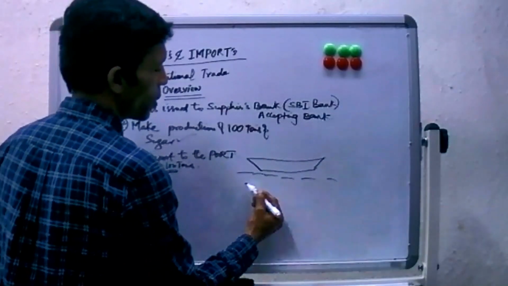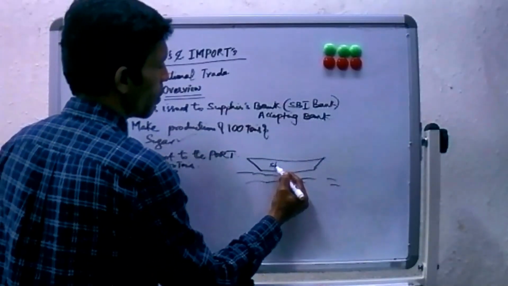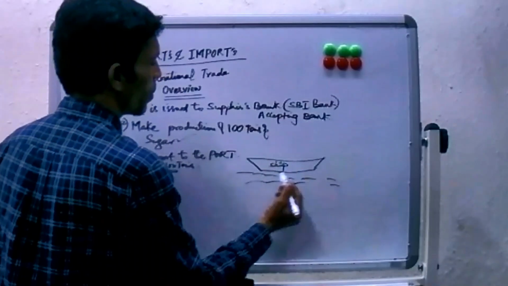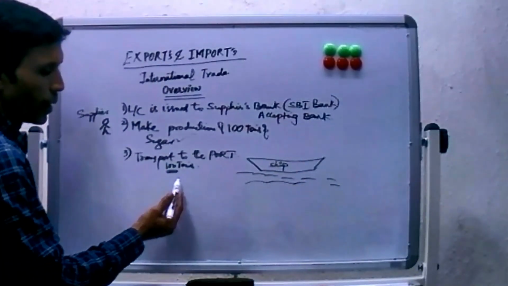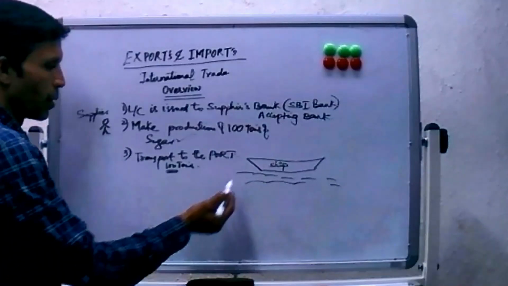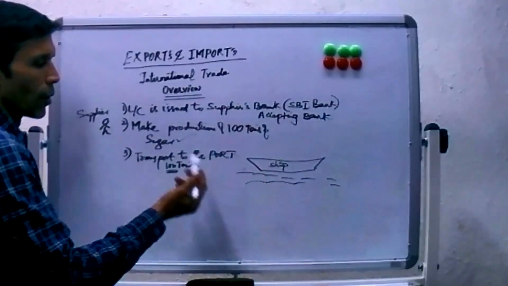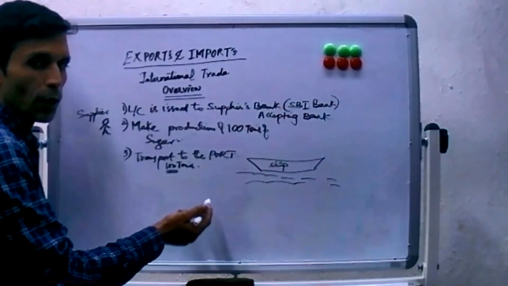This is the ship. Now there will be the C&F agent for the ship, the cost and freight agent, the captain of the ship, everybody.